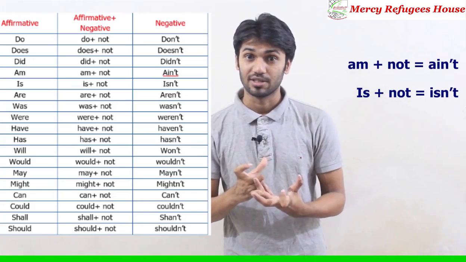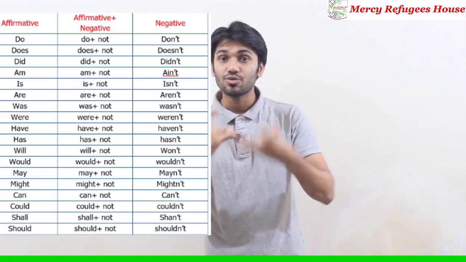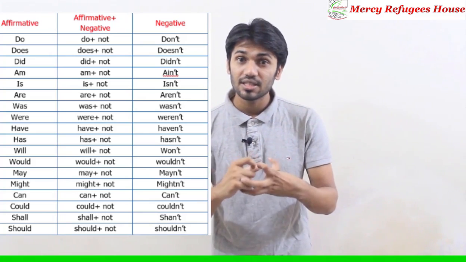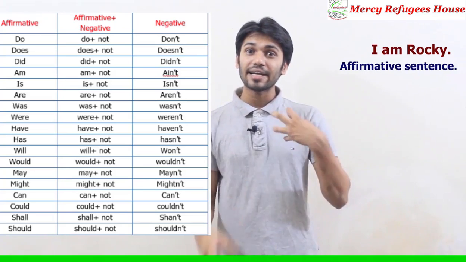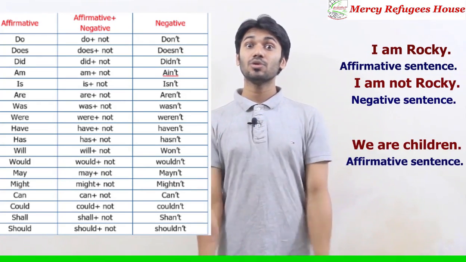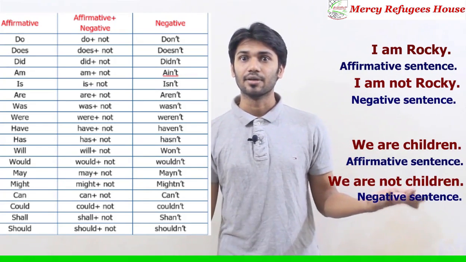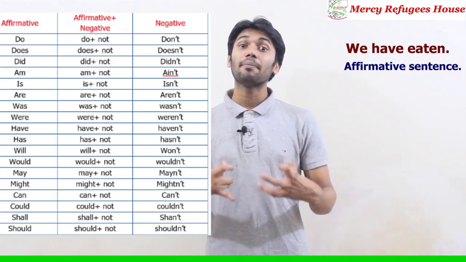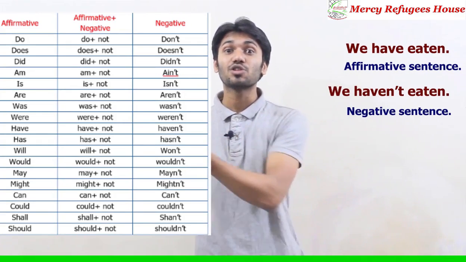So go through this table, ask the students to memorize it, and you make examples. For example, I'm saying I am Rocky, I am not Rocky. We are children, we are not children. We have eaten, we haven't eaten, or we have not eaten.